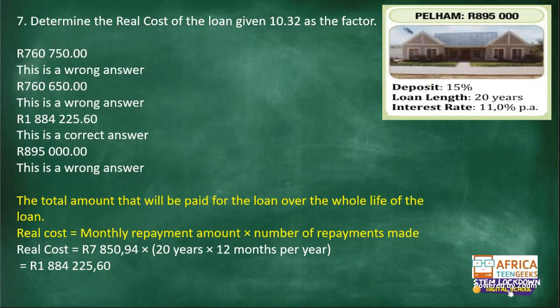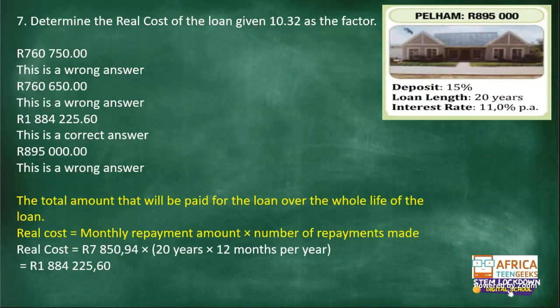So if you multiply this by 20 and then by 12, that will give you 1,884,225 rands. And this is the amount that you'll need to pay going forward as far as this particular activity is concerned. Right? That will be the total amount.